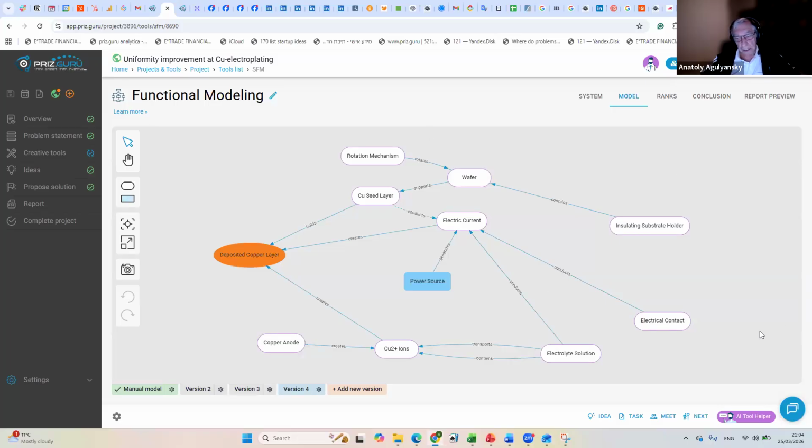If you ask AI what you should do to ensure uniformity, it will say deposit more in the polish or add a dummy cathode. But I can say, please create a functional model.